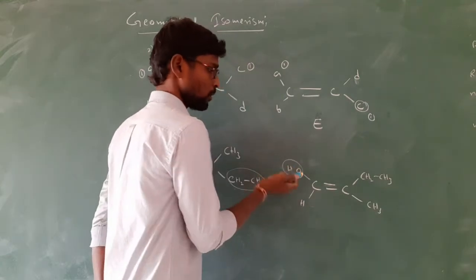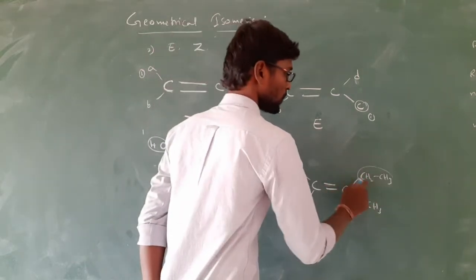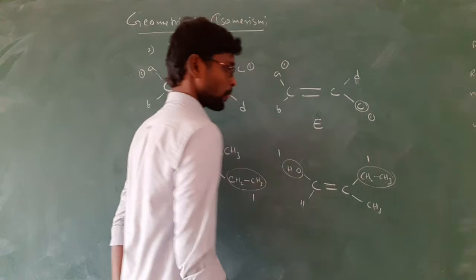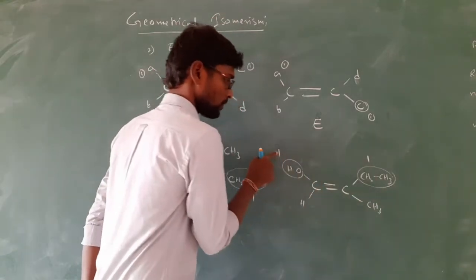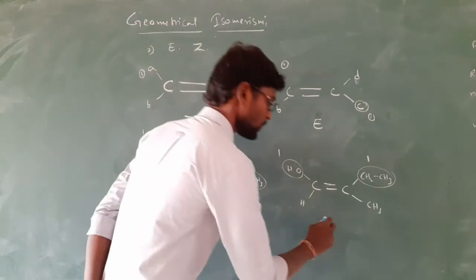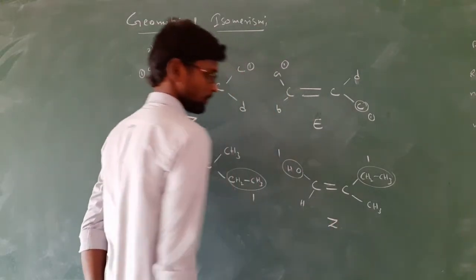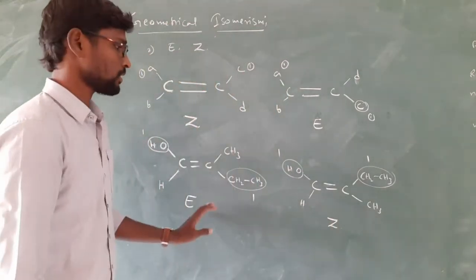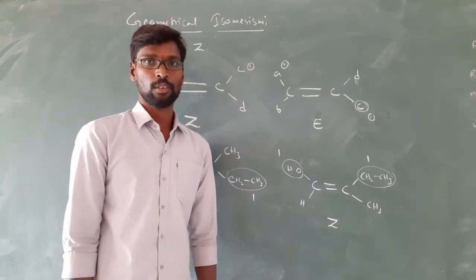So OH will get the first number, C2H5 will get the first number. Now if you observe, these two 1, 1 are on the same side, so this will get the Z prefix. So this is about the EZ concept.